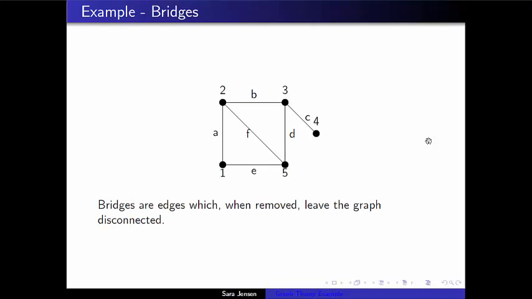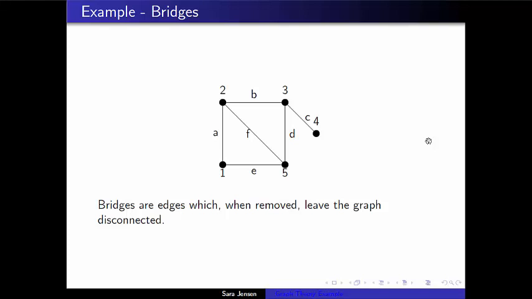Bridges are very similar to cut points, but almost a little bit easier because here we're not removing any of the places, any of the vertices. We're simply removing one mechanism of travel between them. So here we're going to walk through each of the edges and imagine what would happen if we just removed that single edge. Would the graph remain connected?